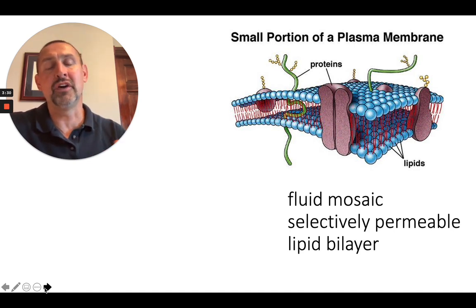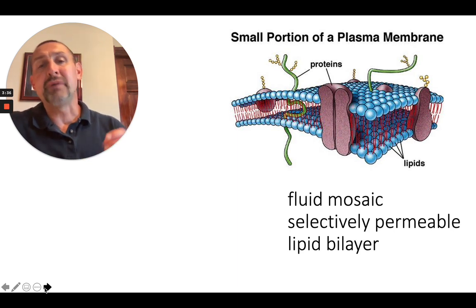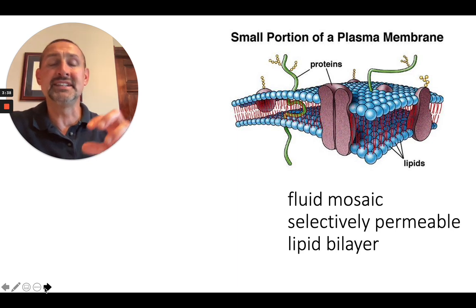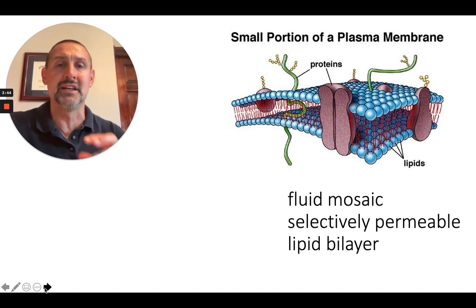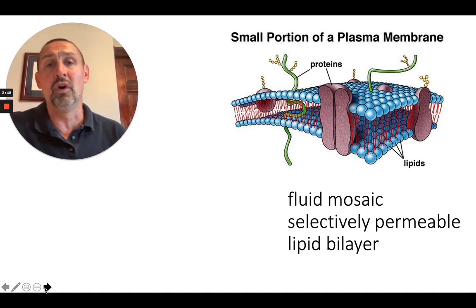So we've got a phospholipid, the phosphate attached to these lipid chains. That bilayer separates the inside of the cell from the outside of the cell. That's because oils and water don't mix. The lipids separate themselves from the water environment of the cell.